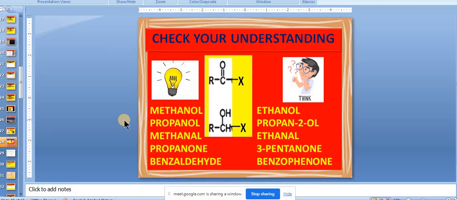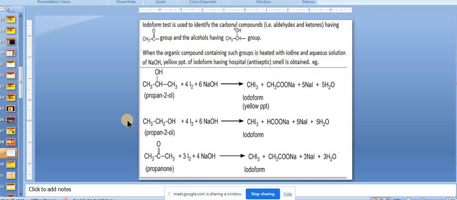We will talk now of all the testing part. So we have a small understanding now. So this is the test. Now please see carefully. If any doubt is there, you can ask in the chat box, or you can unmute yourself. Iodoform test is used to identify carbonyl compounds, and the carbonyl compounds must have the CH3CO group.